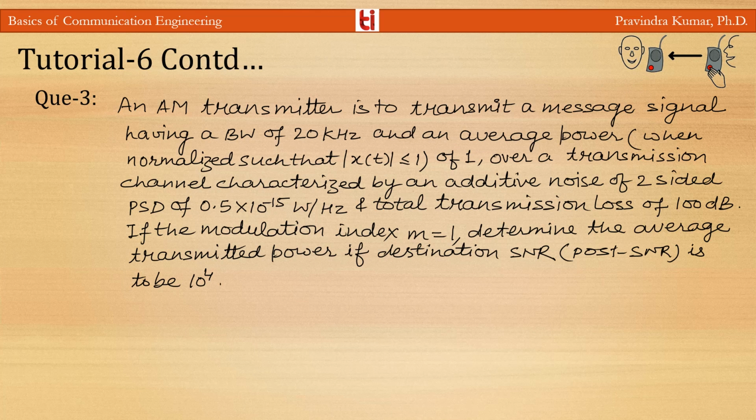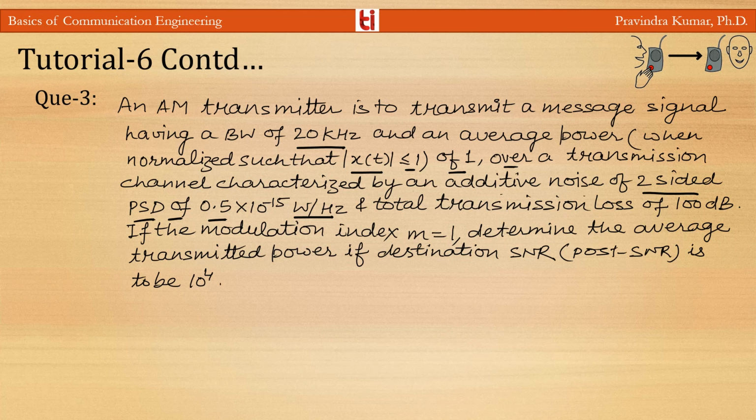Now, question third. An AM transmitter is to transmit a message signal having a bandwidth of 20 kHz and an average power, when normalized such that the magnitude of x(t) is less than or equal to 1, of 1 over a transmission channel characterized by an additive noise of two-sided power spectral density of 0.5 into 10 to the power minus 15 watts per hertz.